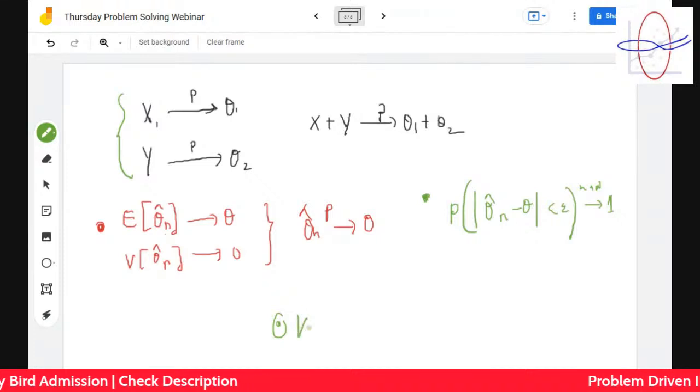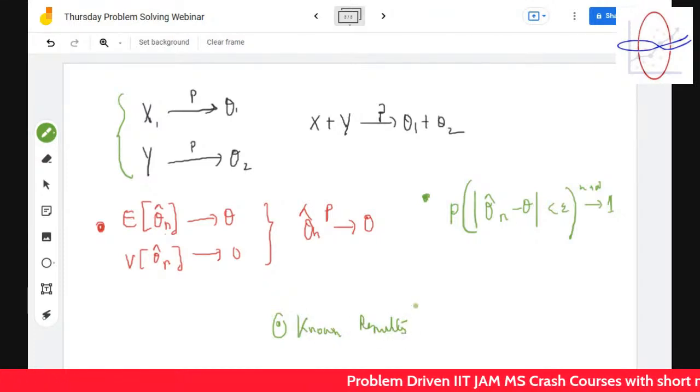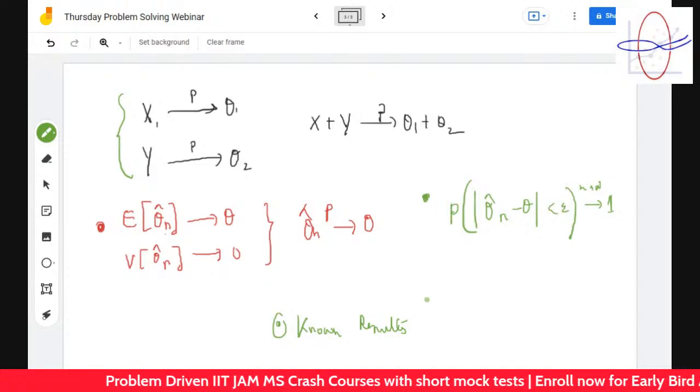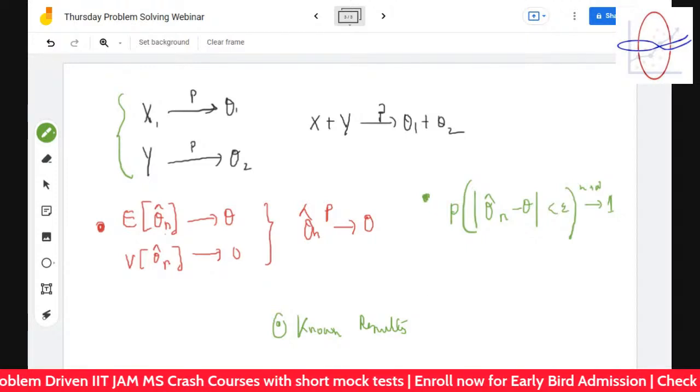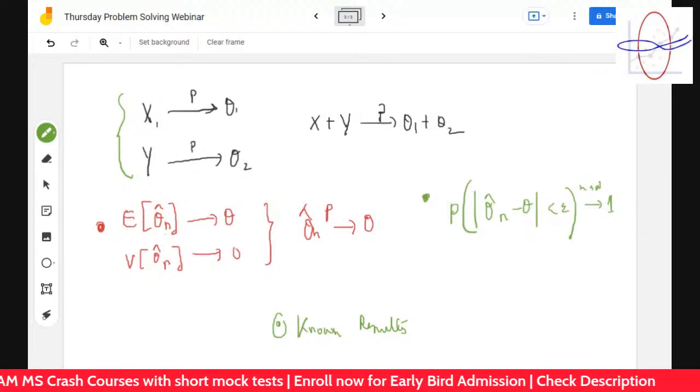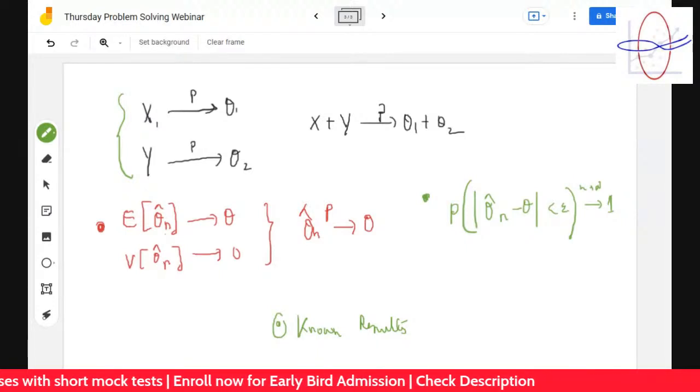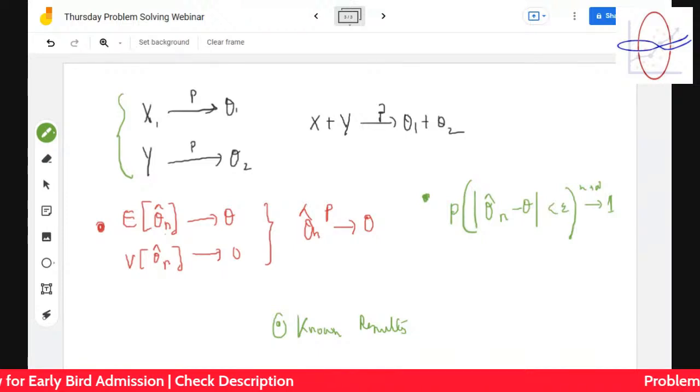So, known results. This is something I always told you about, that always use known results, just like when you see a PDF, you try to understand whether this PDF belongs to some known distribution or not, some known random variables or not.